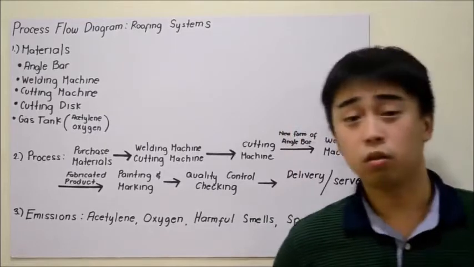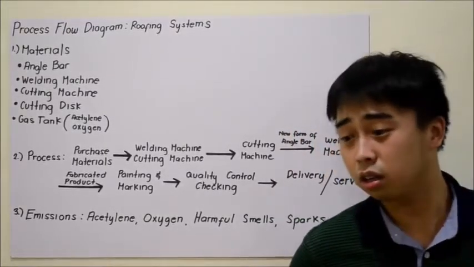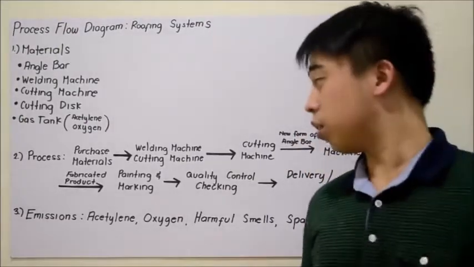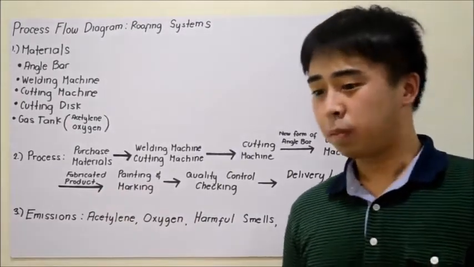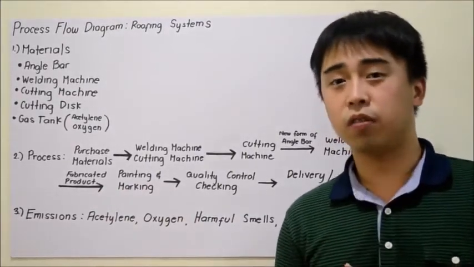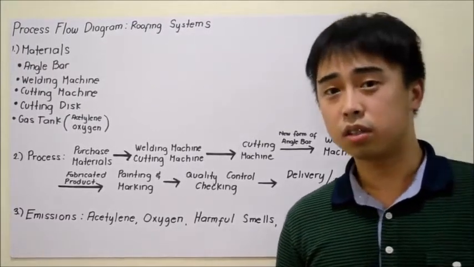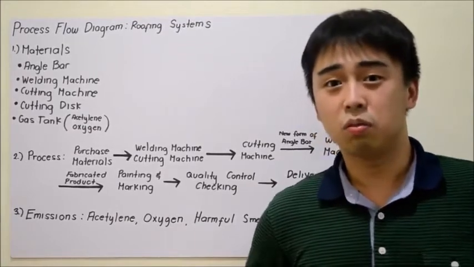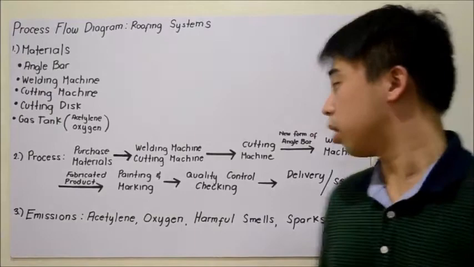Here in the quality control checking, we can have two things to be checked: the physical properties of the fabricated product, or the real properties of the product, like if it's suitable for our roofing system. Can it withstand the load of our house? That's under quality control checking.